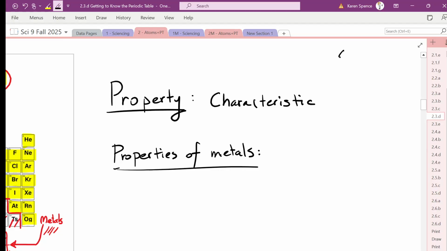So remember, we looked at their color, their state at room temperature, shiny or dull, and magnetic.